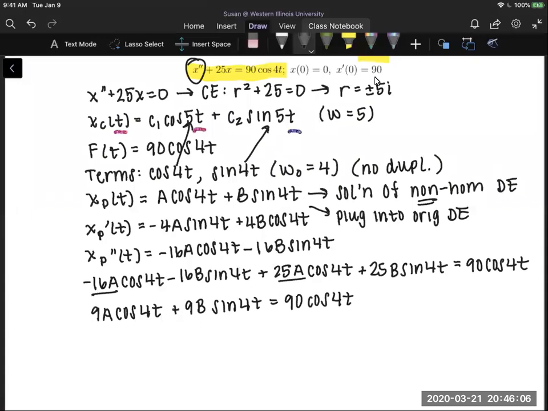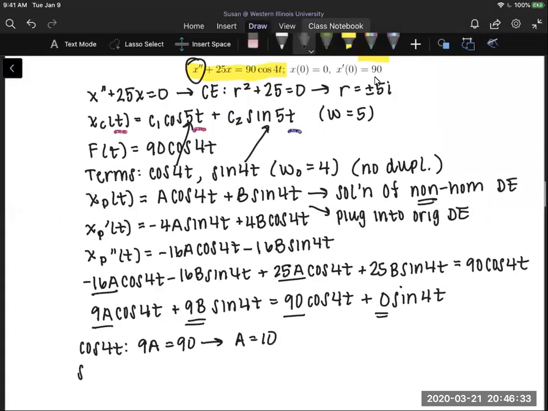Just to emphasize that we're missing our sine function, I'm going to write 0 sine 4t. Now I'm going to equate the cosine coefficients and the sine coefficients. If we equate the cosines, we get 9a equals 90, in which case a equals 10. And if we equate the sine terms, 9b equals 0, so b equals 0.